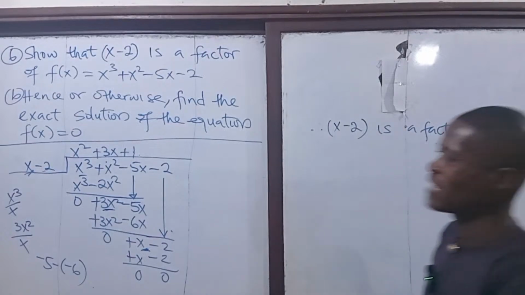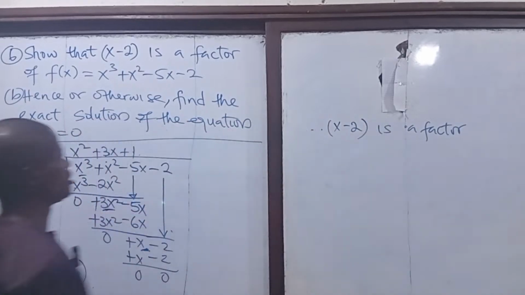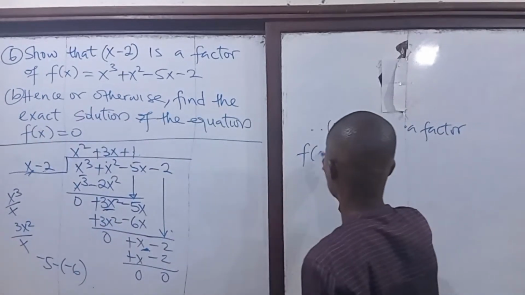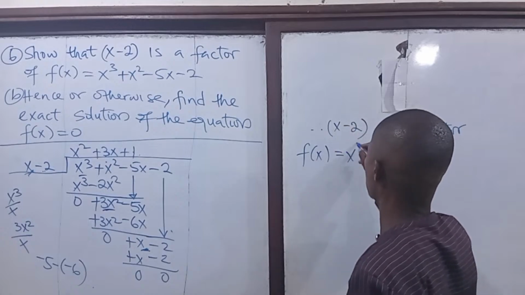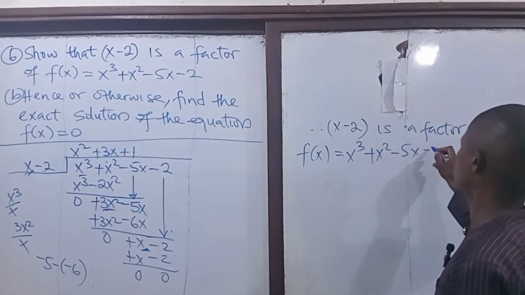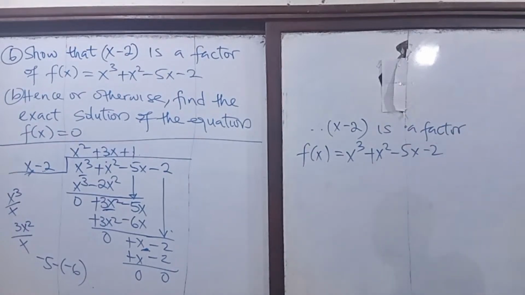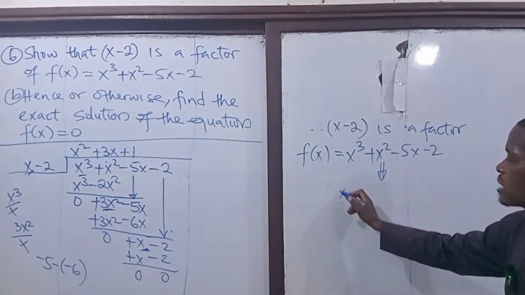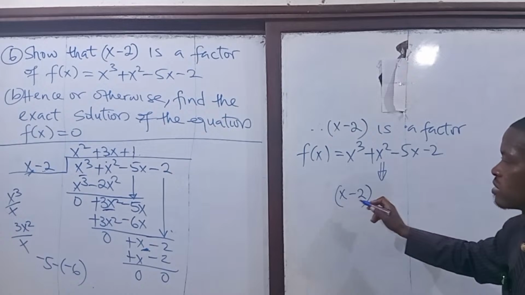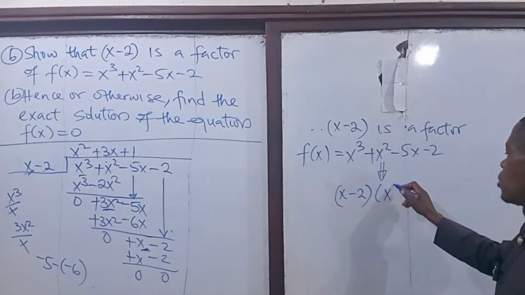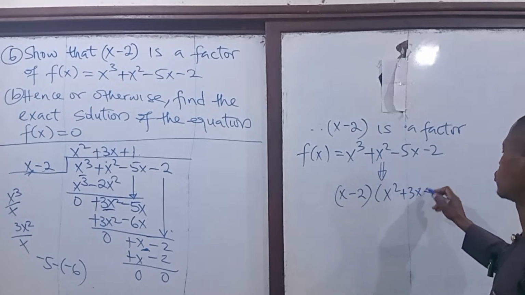Hence, or otherwise, find the exact solution of the equation f of x equal to 0. Don't forget, this is your f of x. This same polynomial has been broken down to x minus 2 times the quotient, which is x squared plus 3x plus 1.